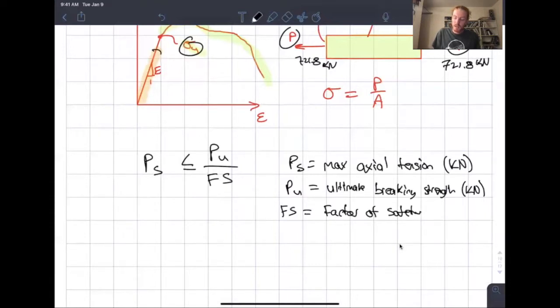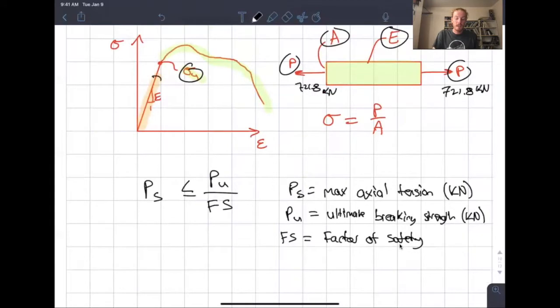So we really want to make sure that our cables don't fail, because if they fail, the entire bridge will not work anymore. So we want to reduce the ultimate breaking strength. So say we had an ultimate breaking strength of 100. Maybe we want to have a factor of safety of 2 and say that, okay, we're never going to let it get to 100. We're never going to let it get to this yield stress.